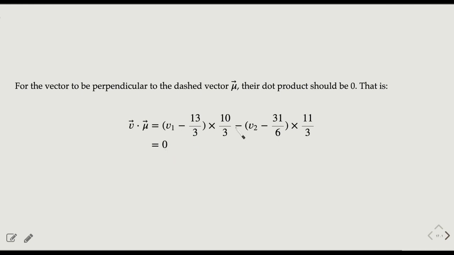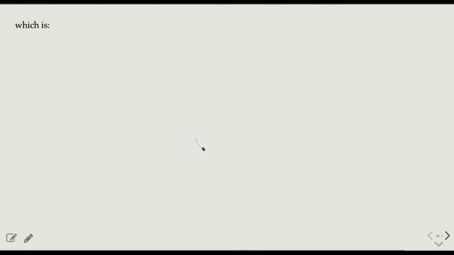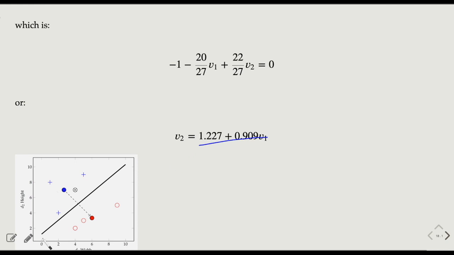And so the result of this is a simple solution here. In the end, we can find out this is the linear function that makes the dot product 0. And so this linear function is exactly the black line here, which basically separates the two classes.